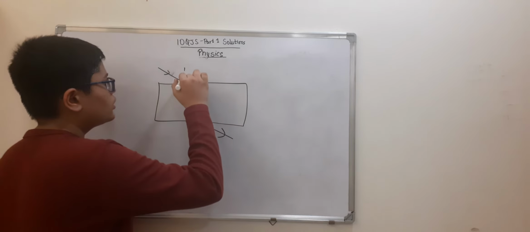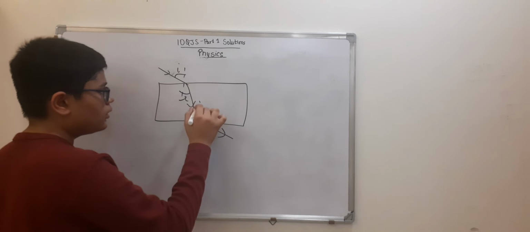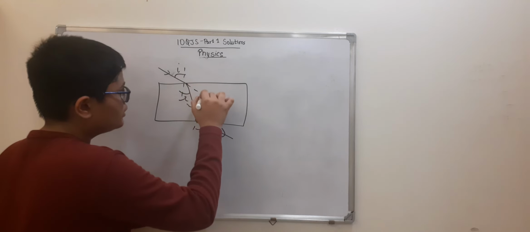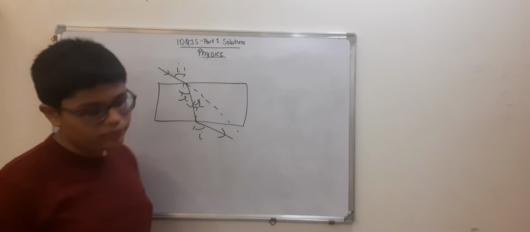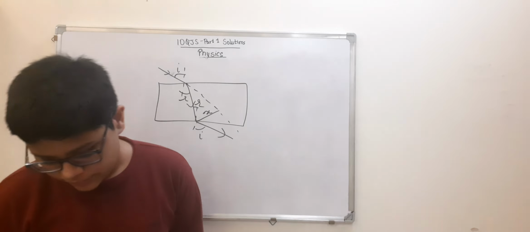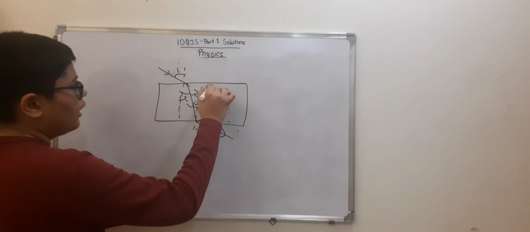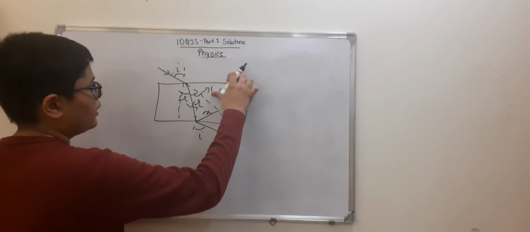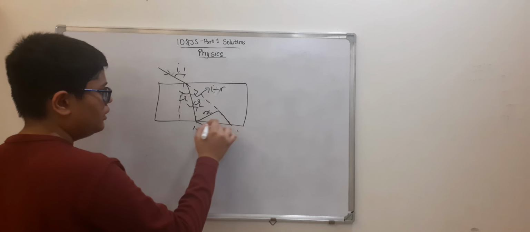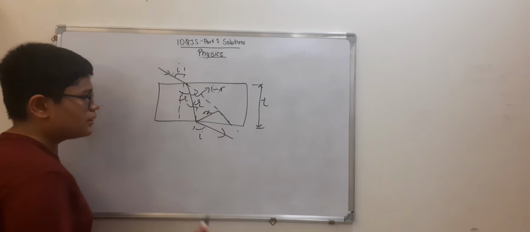First of all, this is I, this is R, and this is R, and this is I. Now if you extend this here along this, you have to take this as X, and you have to find X, which is the lateral shift. Since this is R, this will be I minus R. Now X will be what? This length is T, so here you have to basically use simple trigonometry.